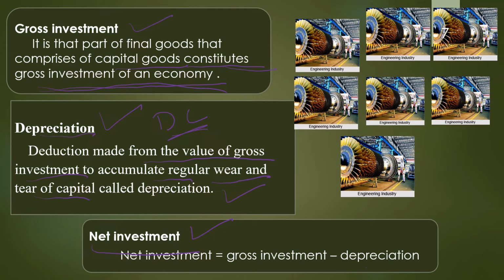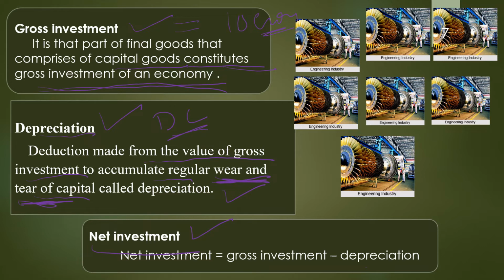Let me assume that the gross investment an economy is going to produce is 100 crores worth of capital goods. In that, they have to maintain the old machineries or capital goods because there will be a capital loss due to wear and tear of capital.